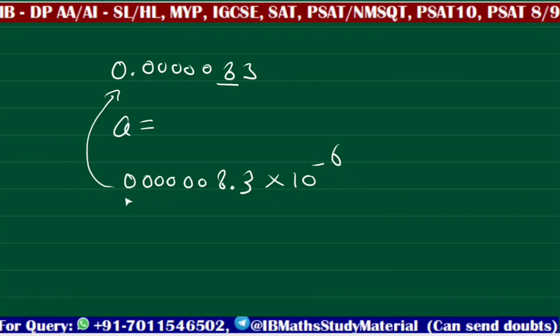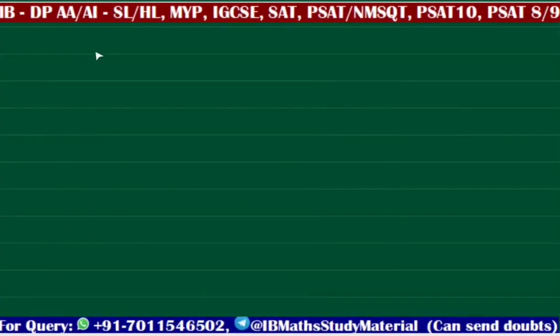So my answer is 8.3 times 10 raised to the power minus 6. My a is 8.3, which is greater than or equal to 1 and less than 10, and my k is minus 6.